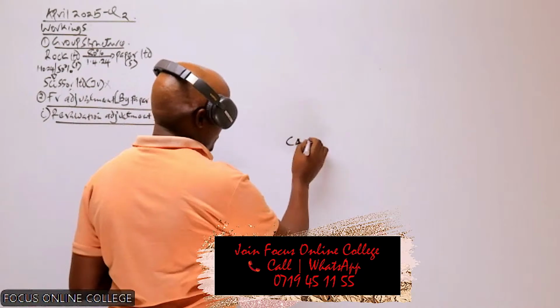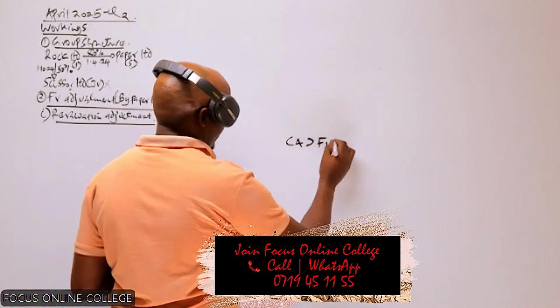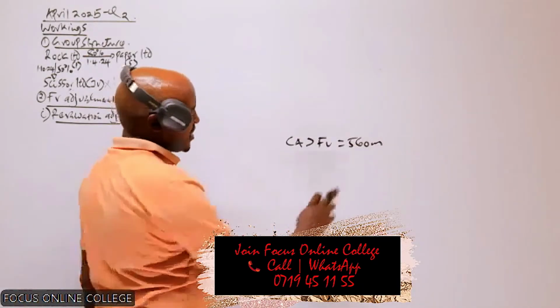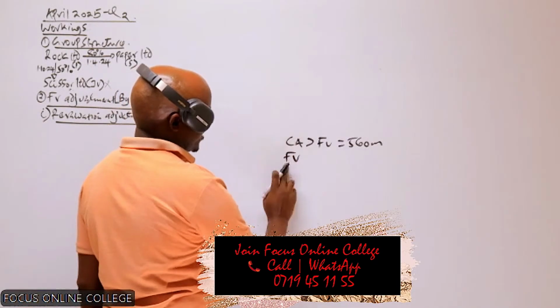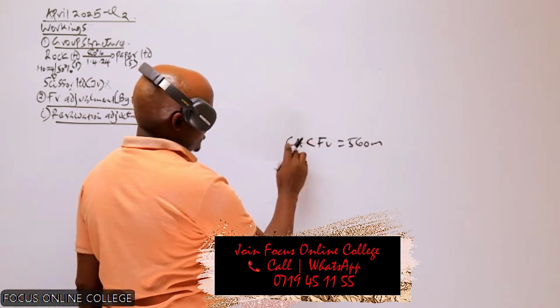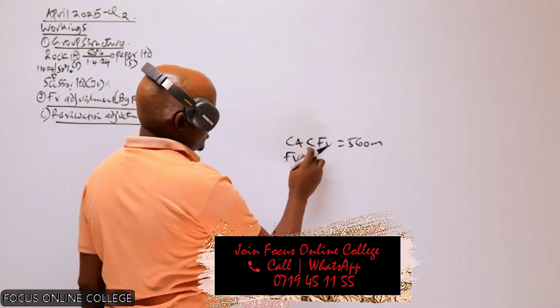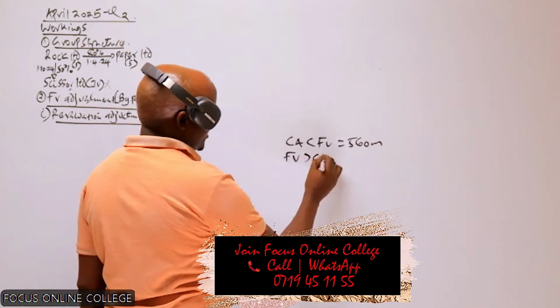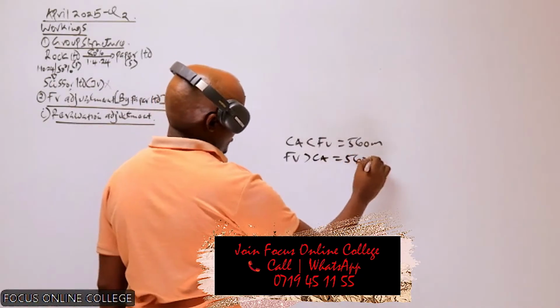So this one was less than fair value by 560 million. In other terms, we start with the fair value, then we change this inequality sign. Remember, this was less than, so we change this now to greater than. So the fair value will be greater than the carrying amount by 560.